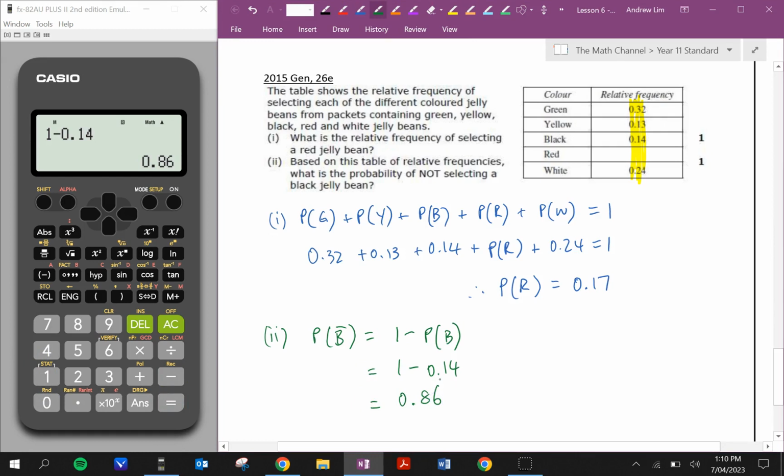Okay, or 86%. Or, as a fraction, 43 on 50. Okay, you could have just added all the other ones. You could have added 0.32, 0.13, 0.17, and 0.24, but it's easier to just think about it as the complement. So 1 minus the probability of black.